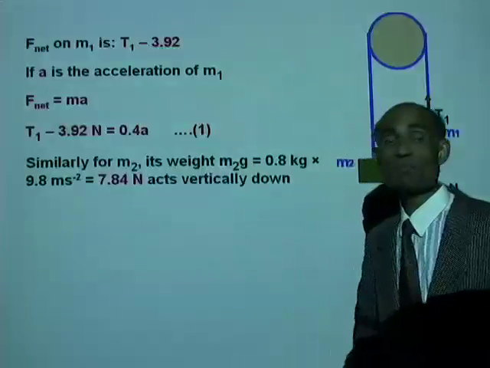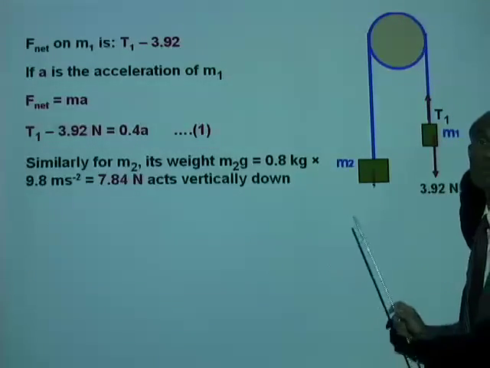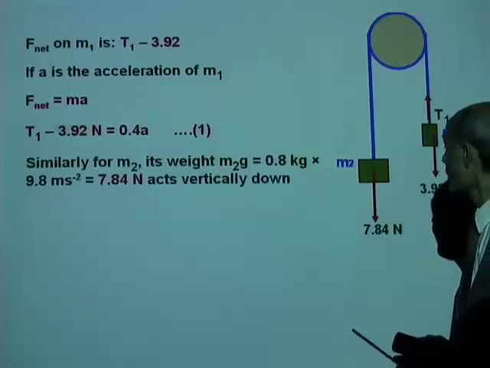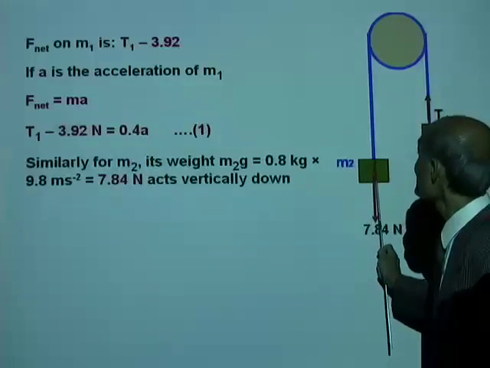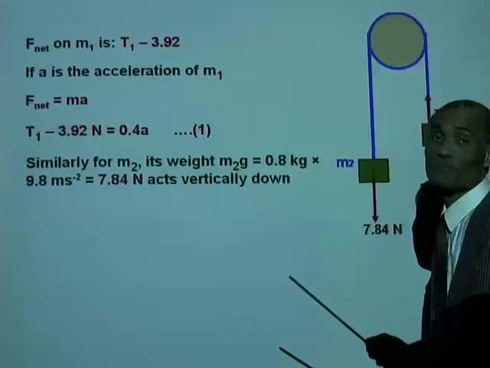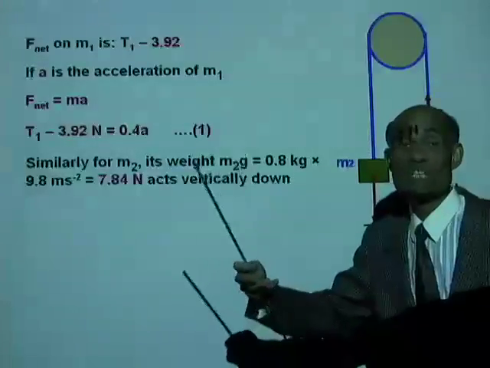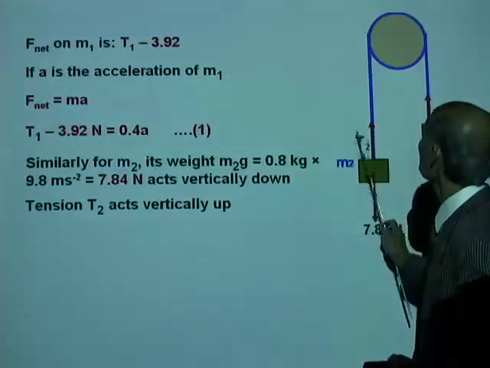That is 7.84 Newton acting vertically down. So the weight of M2 is 7.84 acting vertically down. What is the tension in the string? The tension in the string, we said earlier, is T2. T2 acts vertically up. There you are.